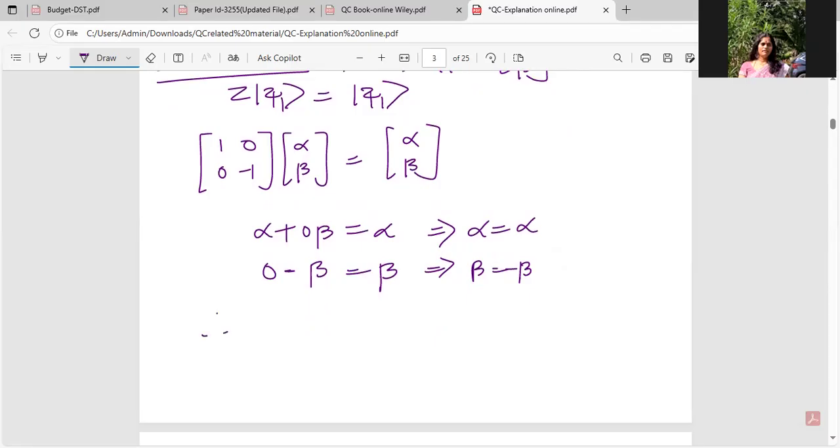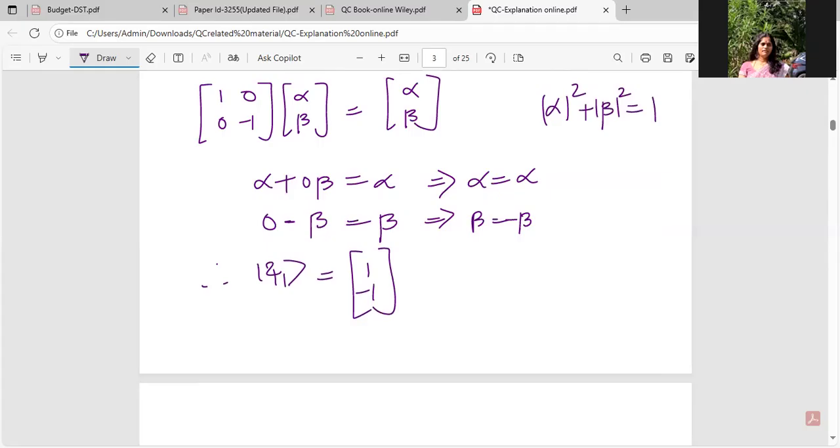Because there are no i's and all that, I need not check whether it's satisfying or not. So ket xi1 is 1 and minus 1.